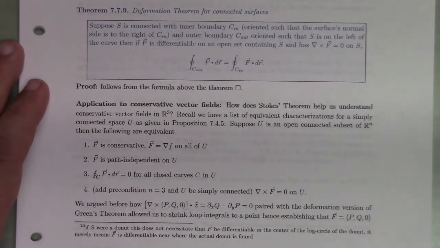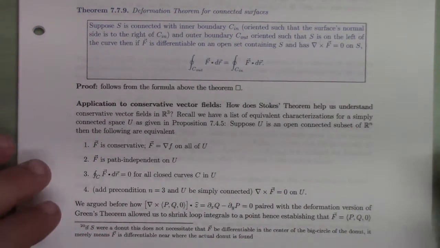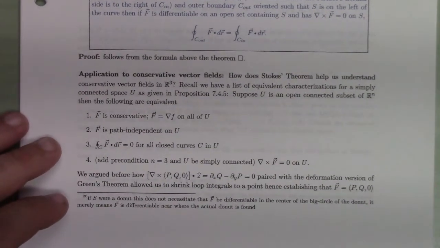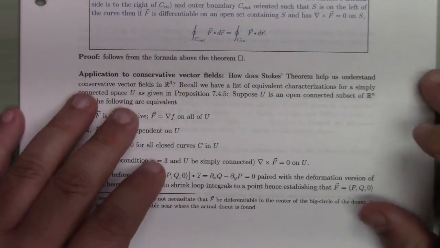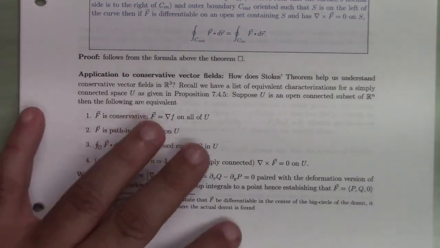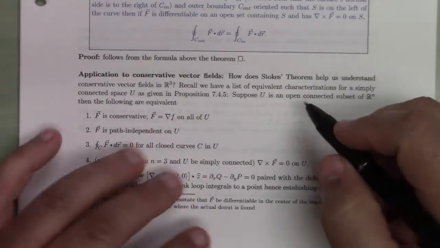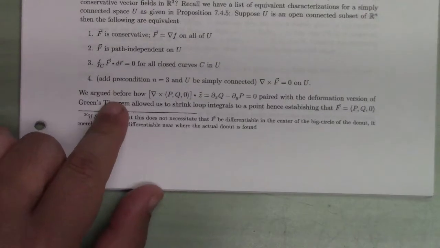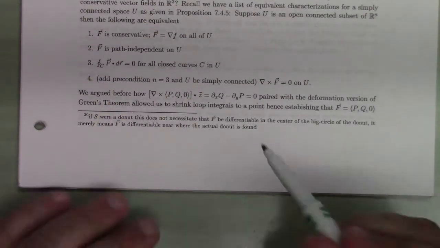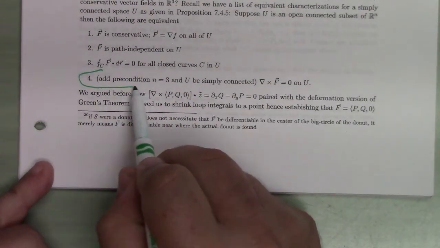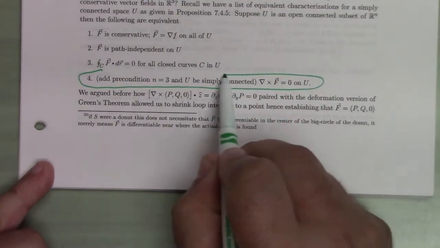All right. Now, of course, we can apply that to conservative vector fields because, remember, one of the things was in R3, we said that, well, here it is, right down here. Add precondition n equal to 3 and u being simply connected.